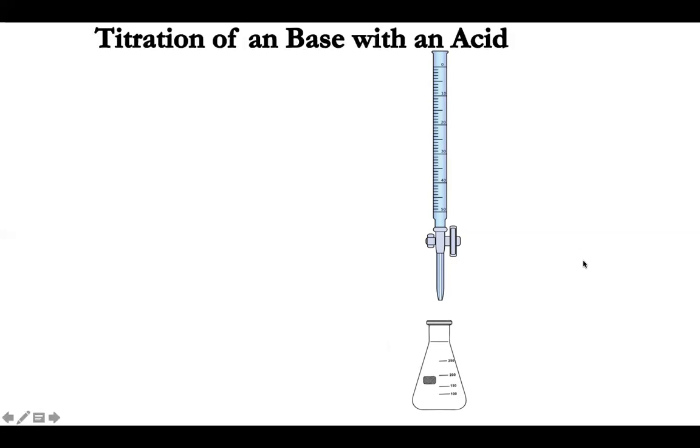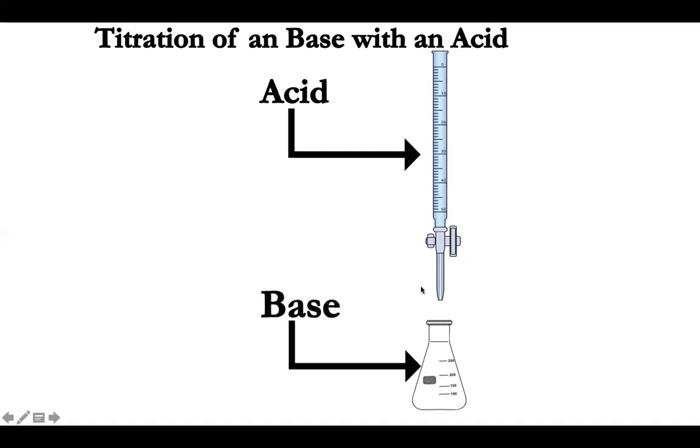So, titration of a base with an acid. What we are going to do here is take a base and put that base into the Erlenmeyer flask. In this case, we would put the acid up here into the burette, and we would put our base of unknown concentration below.